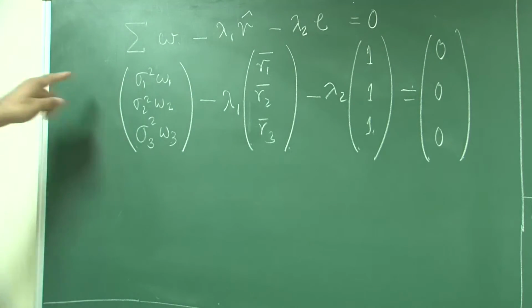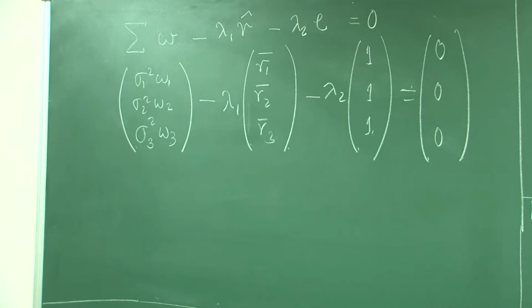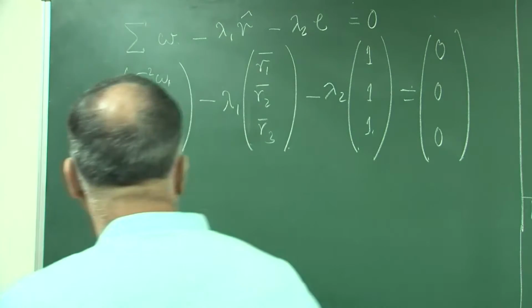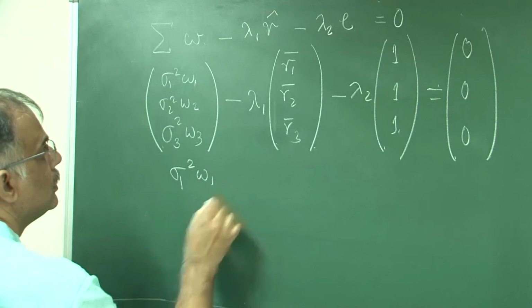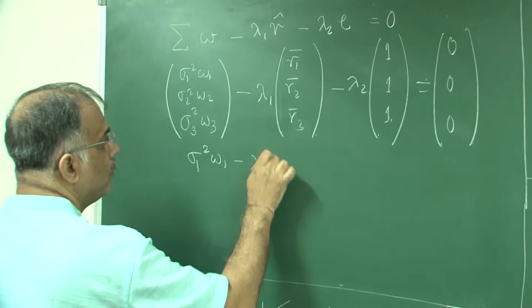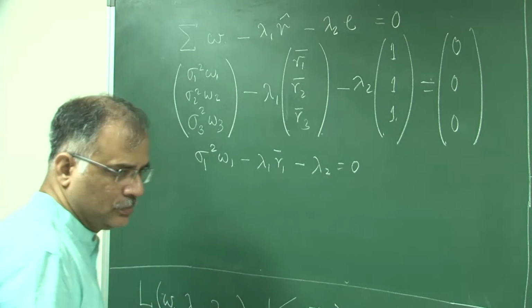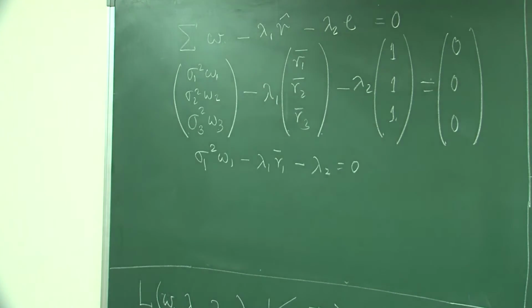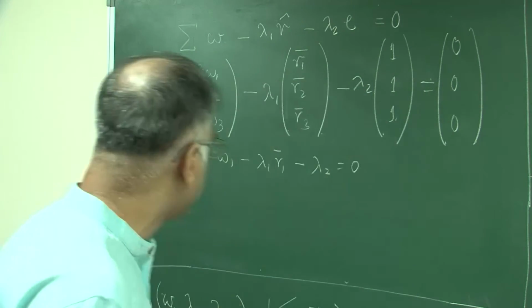Now we would like to write them down in terms of equations. Sigma 1 squared w1 minus lambda 1 R1 bar minus lambda 2 is equal to 0. Since sigma 1, sigma 2 are all 1 already given to you, I can just remove this part.